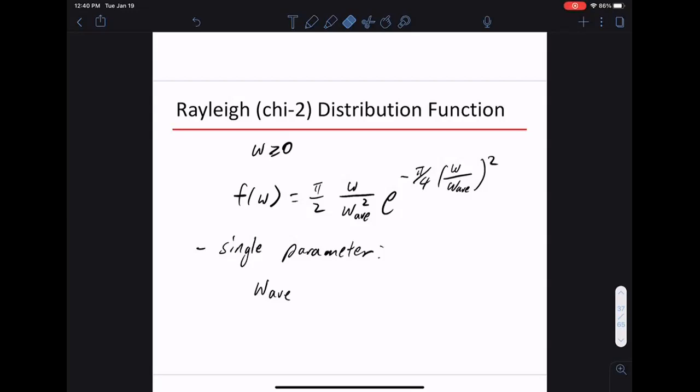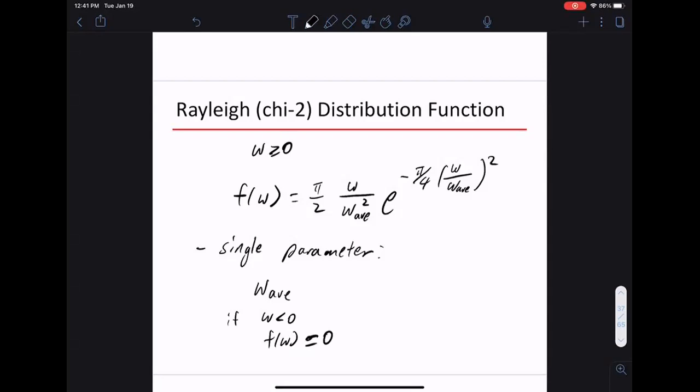Okay, only has a mean value. For negative values of W, we simply say the probability is zero or the density is zero.